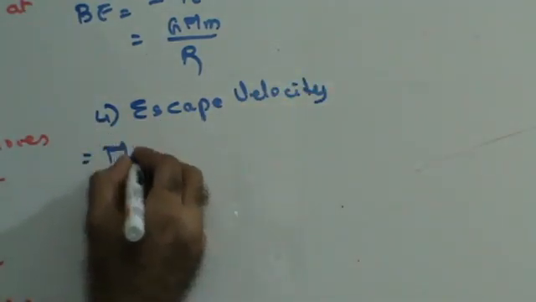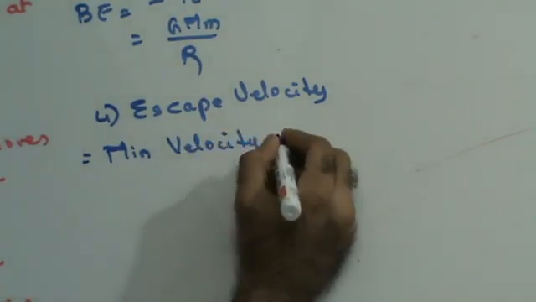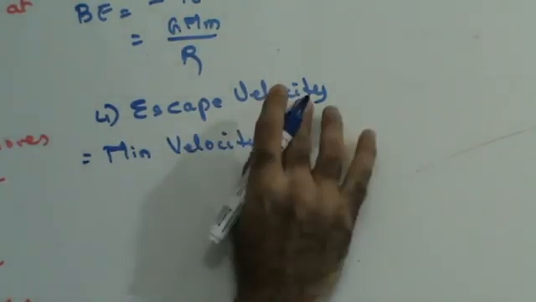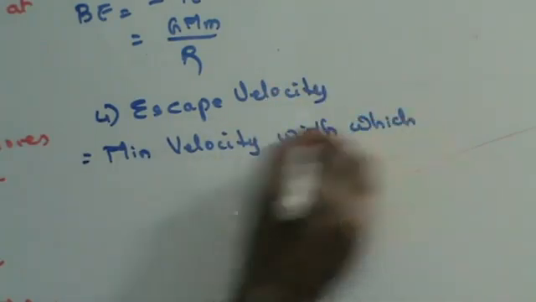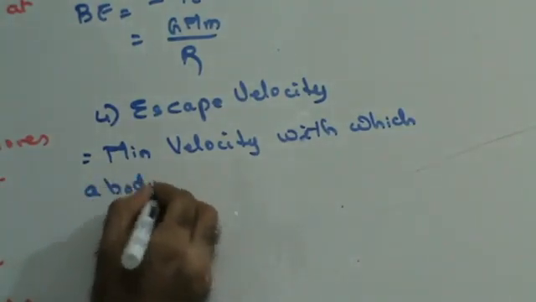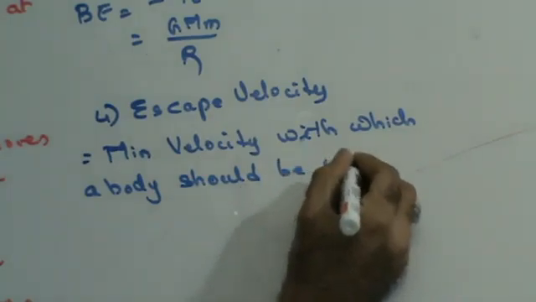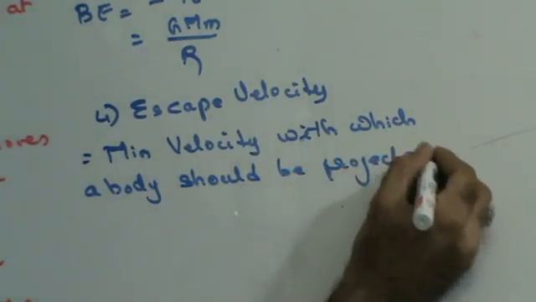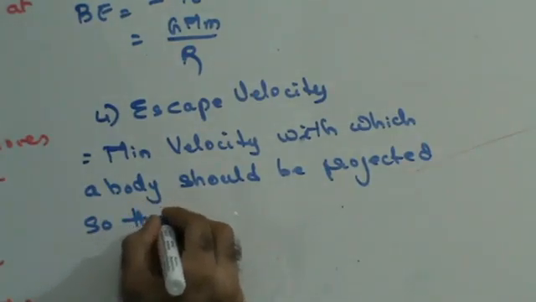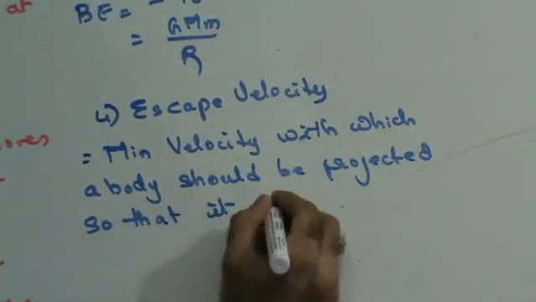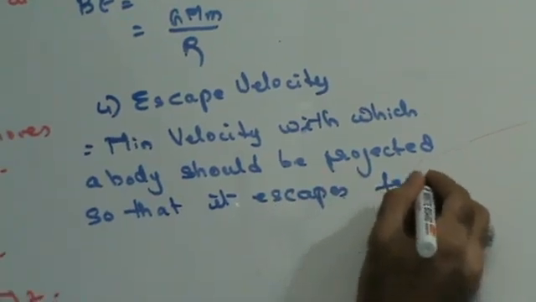Escape velocity is the minimum velocity with which a body should be projected so that it escapes from the gravitational field of the earth.